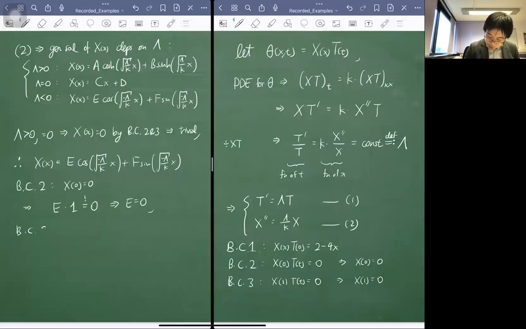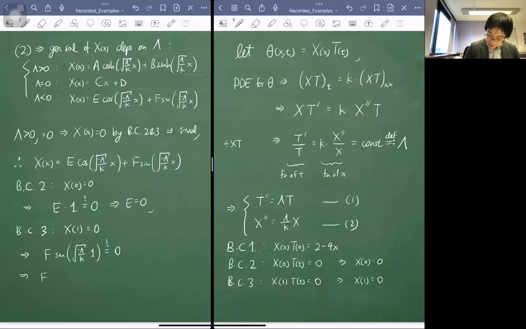Boundary condition 3 is X(1) equals 0. So E is now 0, right? So what is X(1)? X(1) is F times sine of square root of minus lambda over k times 1, and we want this to equal 0.